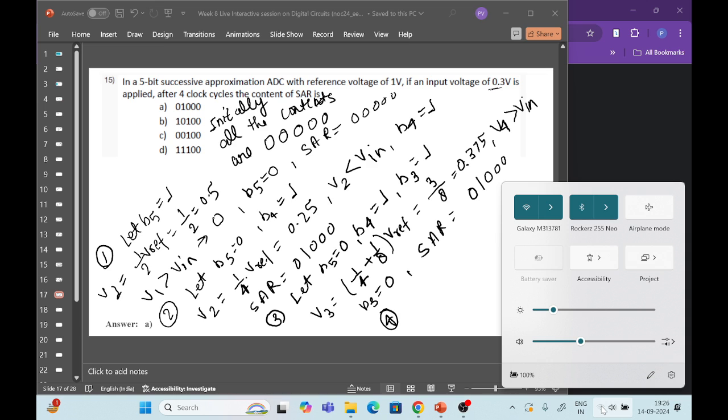For the next clock pulse, we can check it. I'm getting disconnected again and again. Let me check.